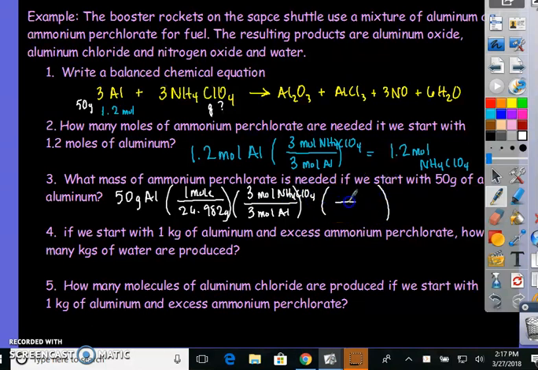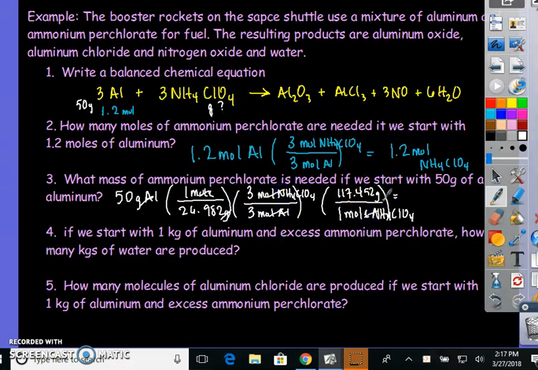Okay, in my last set of parentheses, I'm going to go to the mass of ammonium perchlorate, and I'm going to use the molar mass of this chemical, and I've got it tabulated right here, so I think it's like 117.452 grams. And then, of course, when you double check your units, you'll see that your units cancel.